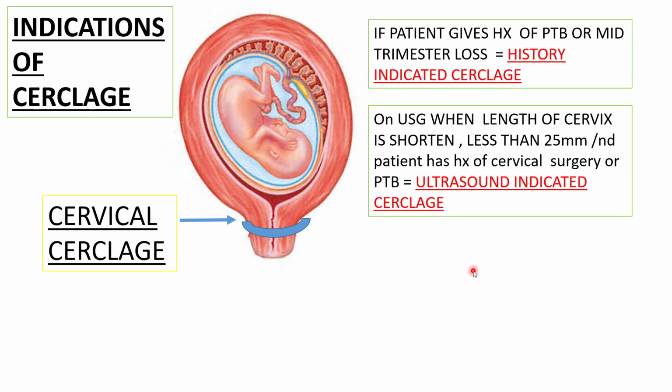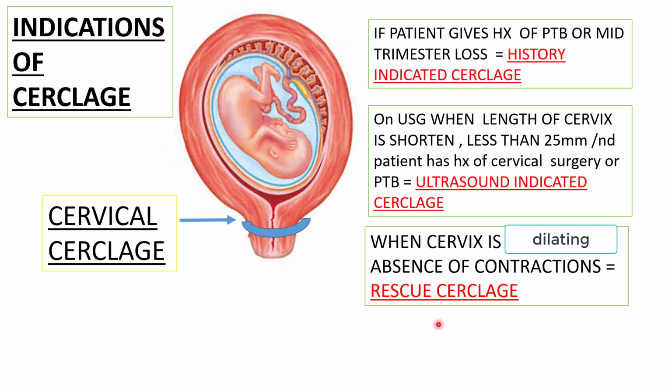Now if a patient comes to you and you have noticed that the cervix is dilating in the absence of uterine contractions, because the cervix is weak, but there are no uterine contractions, and the fetal membranes can bulge. You will save the pregnancy, you will rescue the pregnancy, you will prevent the pregnancy loss. And this indication is called rescue cerclage because you are rescuing the pregnancy.